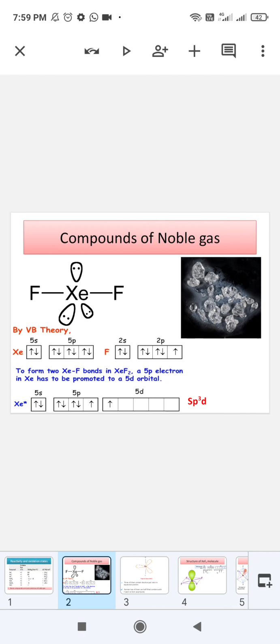We know that the general electronic configuration of xenon is 5s2 5p6, and fluorine is 2s2 2p5.